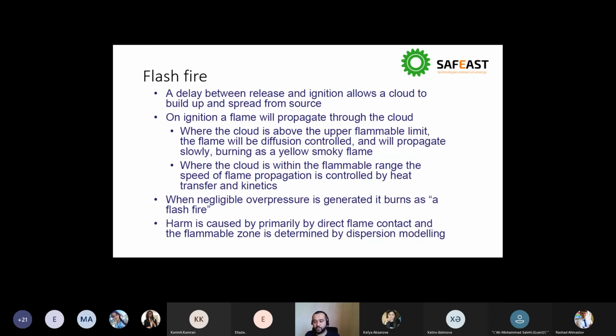But if you are just outside the flame, even a couple of meters outside this fire, you will be okay because it creates negligible overpressure. So for flash fire, for damage to happen to an individual from a safety point of view, you should be within the flammable zone.